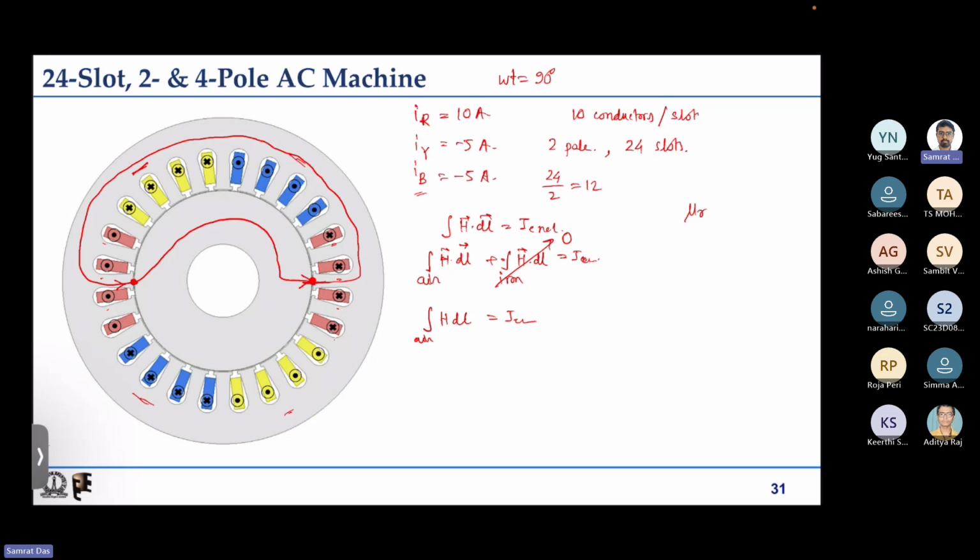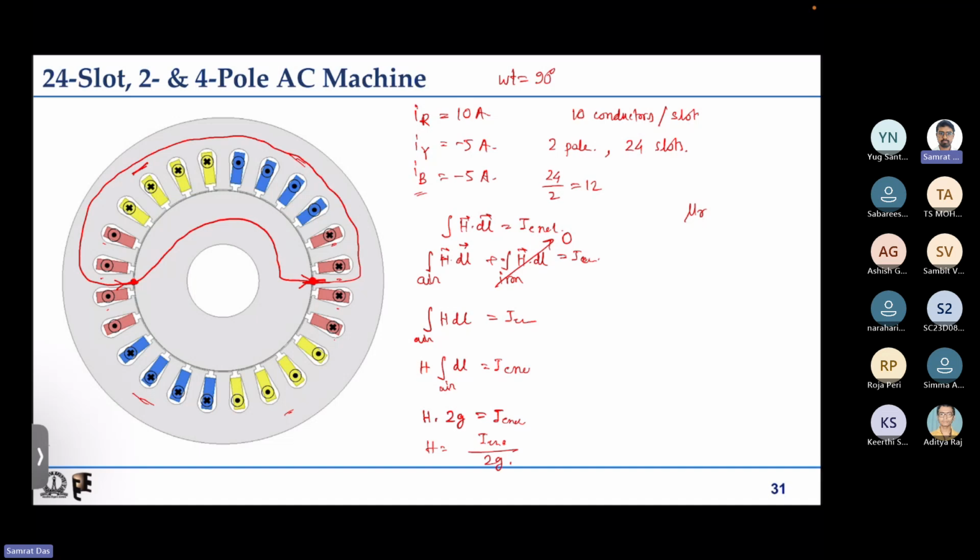Again H can be assumed to be almost uniform in this small air gap. So H as a constant will come out of the integration, and we just integrate dl over the air paths. This is basically H into 2G, because G in this portion and another G in this portion, equal to I enclosed. So H equals I enclosed by 2G, right?